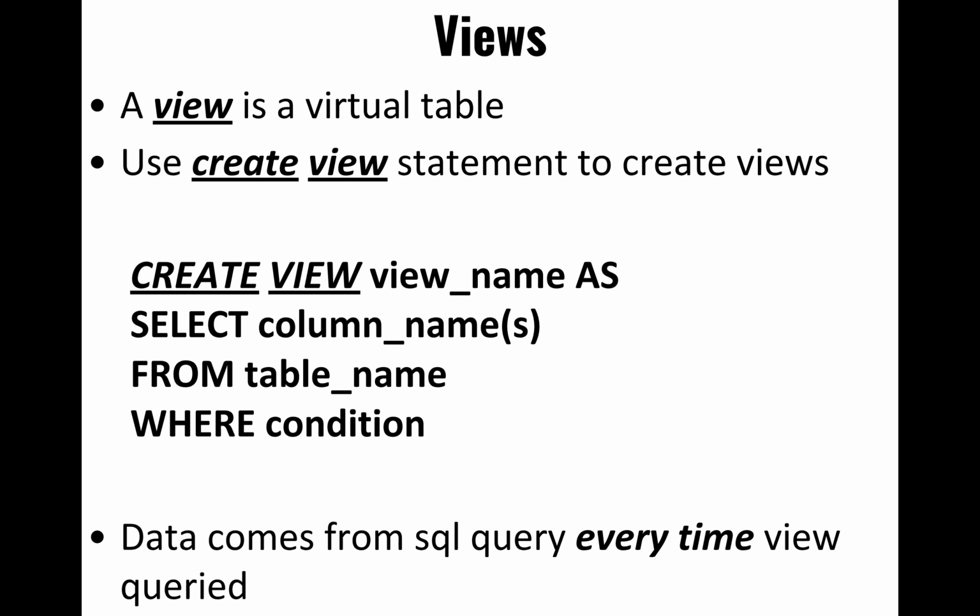A view is somewhat of a virtual table, right? You can treat it as if it were a table, but it's not a real table, right? It's a query that we can give a name to, so that we can then reuse it as if it were an actual table, right?